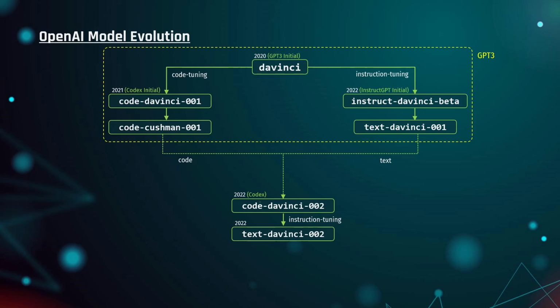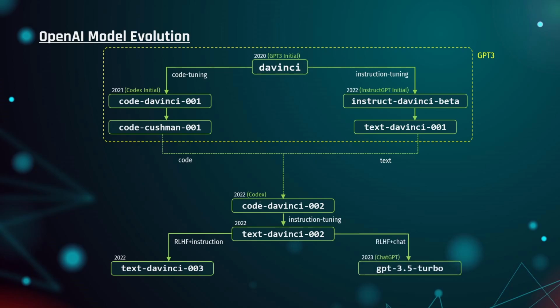Okay, from this particular model, applying further instruction tuning and RLHF, we got Text Da Vinci 003 in the year 2022, and on the other hand, fine-tuning Da Vinci 002 on chat and conversational tasks, fine-tuning the model to imitate human dialogue with even better accuracy, and combining fine-tuning with the modern RLHF technique, we got GPT 3.5 Turbo, which was released in the year 2023, and interestingly which is also the model behind ChatGPT.